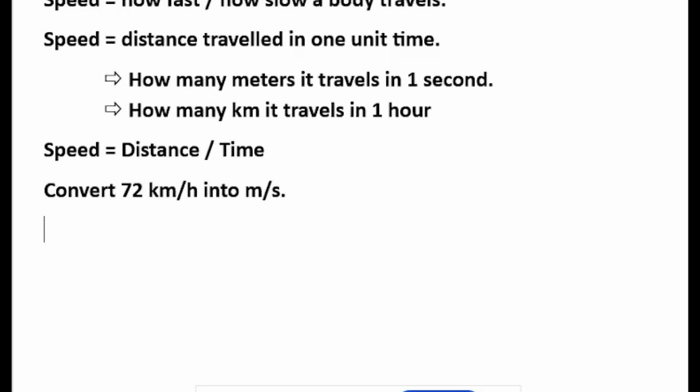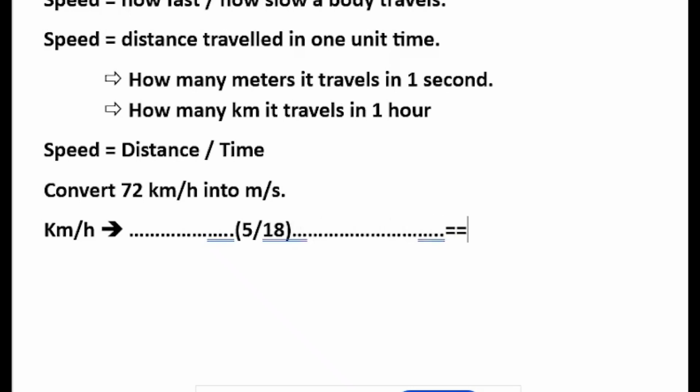So just remember this one, kilometers per hour. If you multiply by 5 by 18, remember this fraction, then it will give you meters per second.